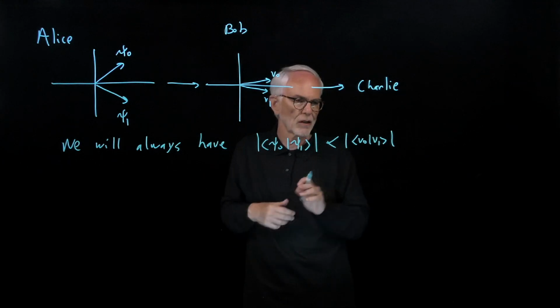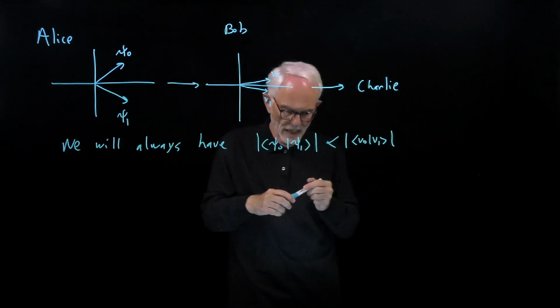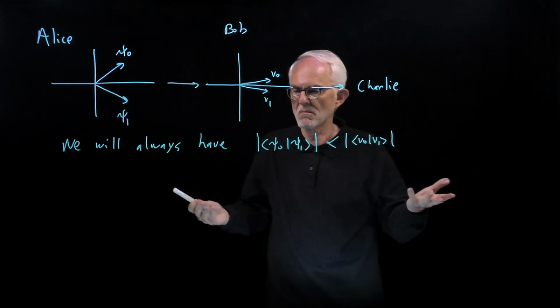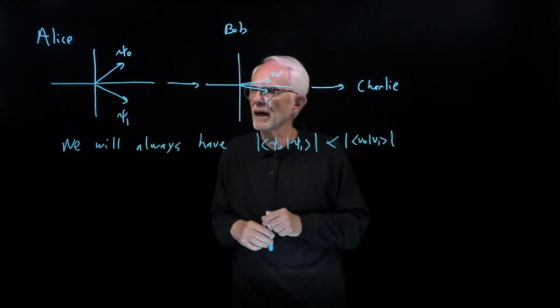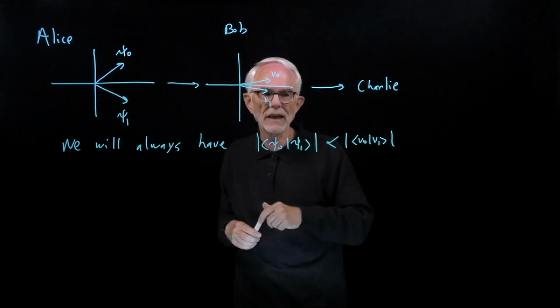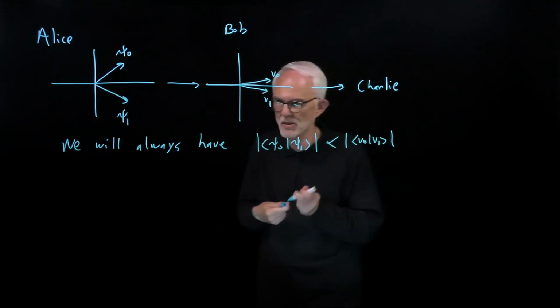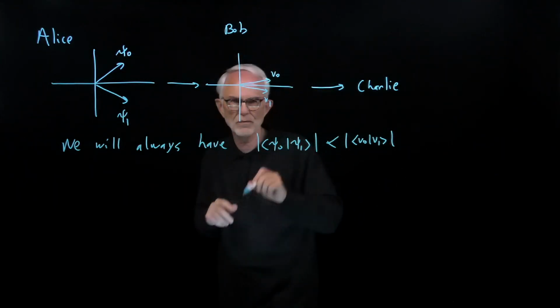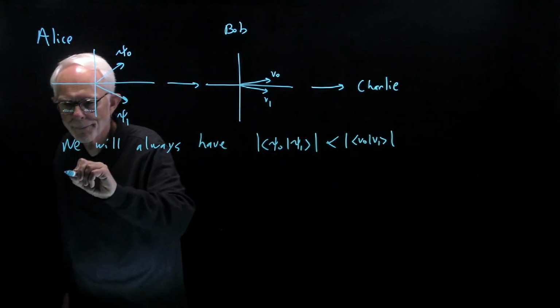So Charlie now measures these, and so what is the probability that they can both get information out of the state? So that is equal to the success probability, the best for the sequential measurement.